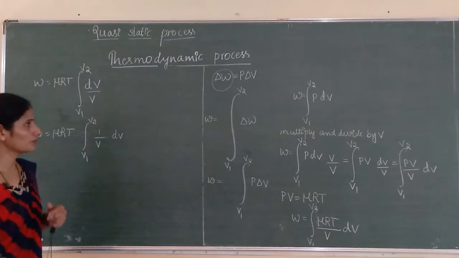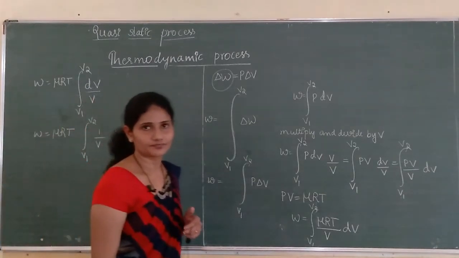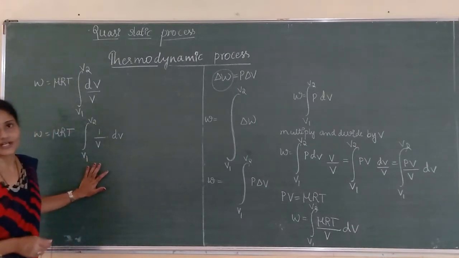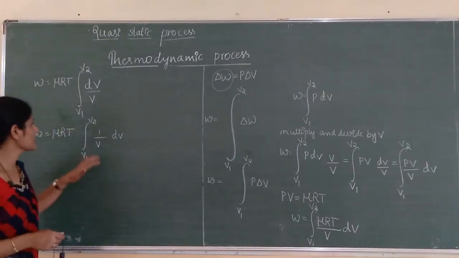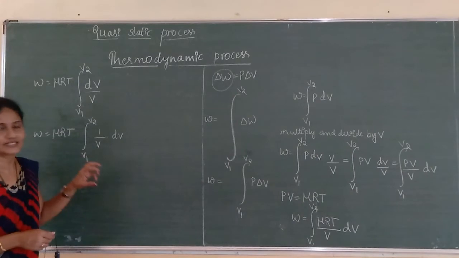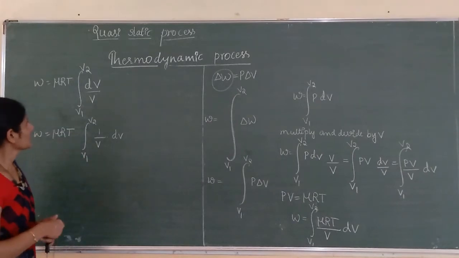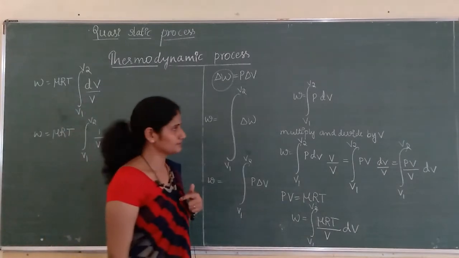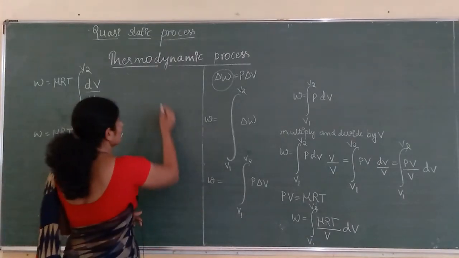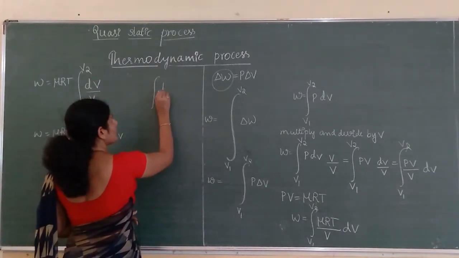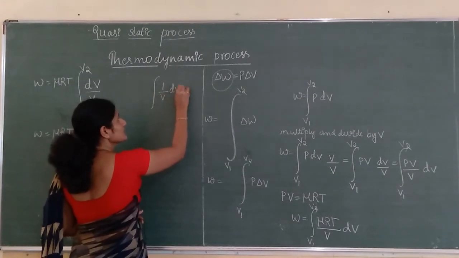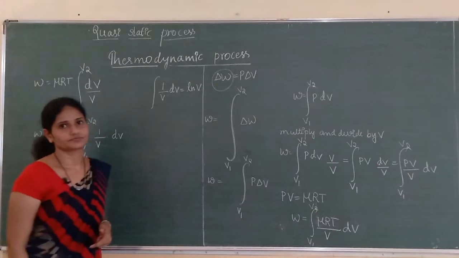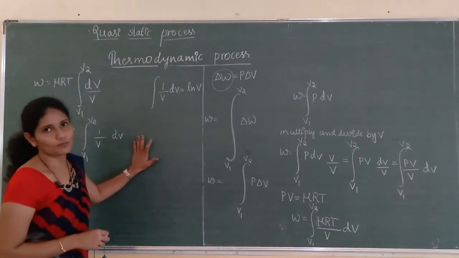There are few formulas in integration. You will study this chapter integration in mathematics. I will write only the formulas which are needed in physics. So, integration of 1 by V is ln V. Integration of 1 by V into dV is nothing but ln V. This is the formula.